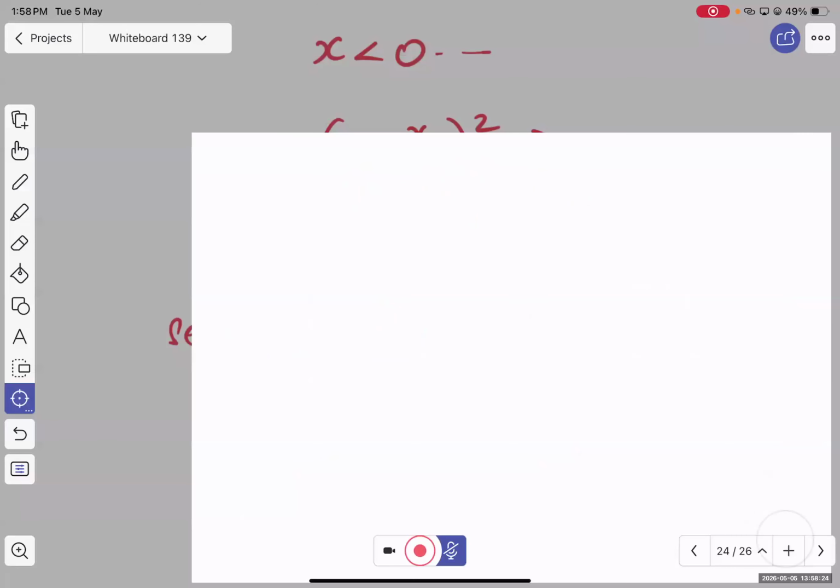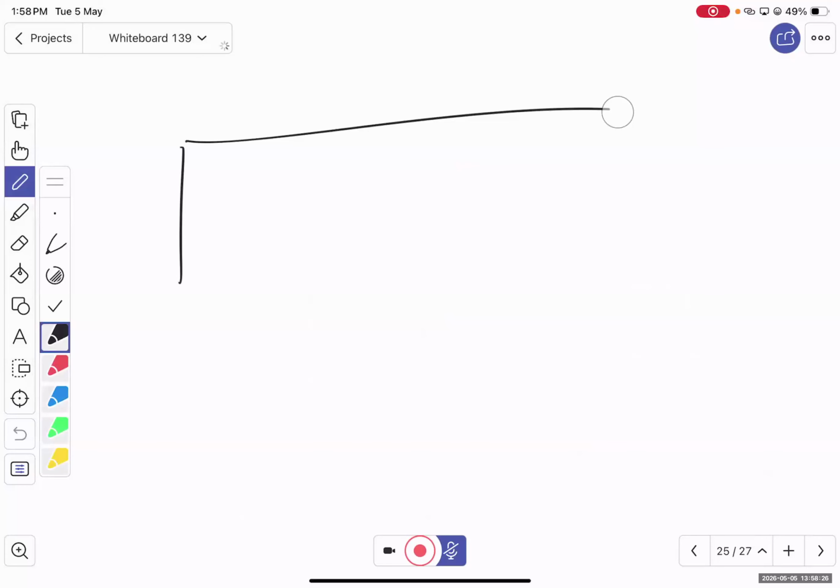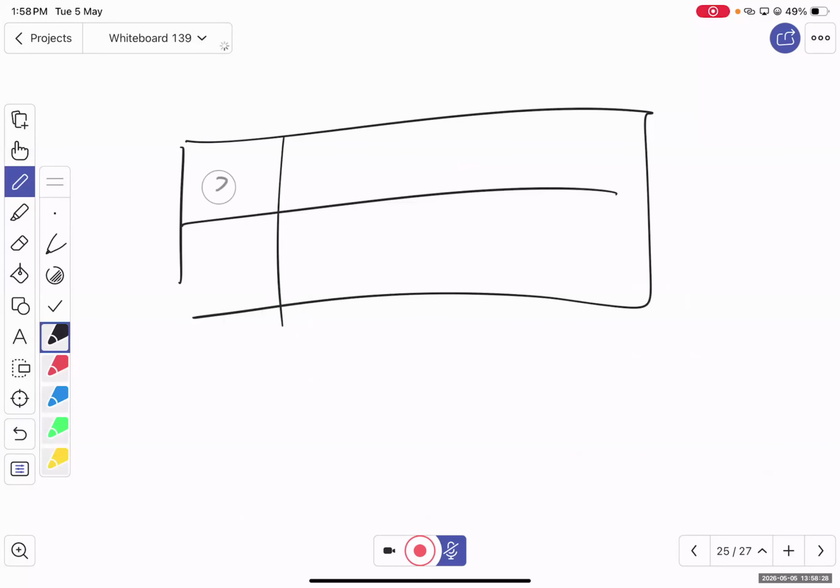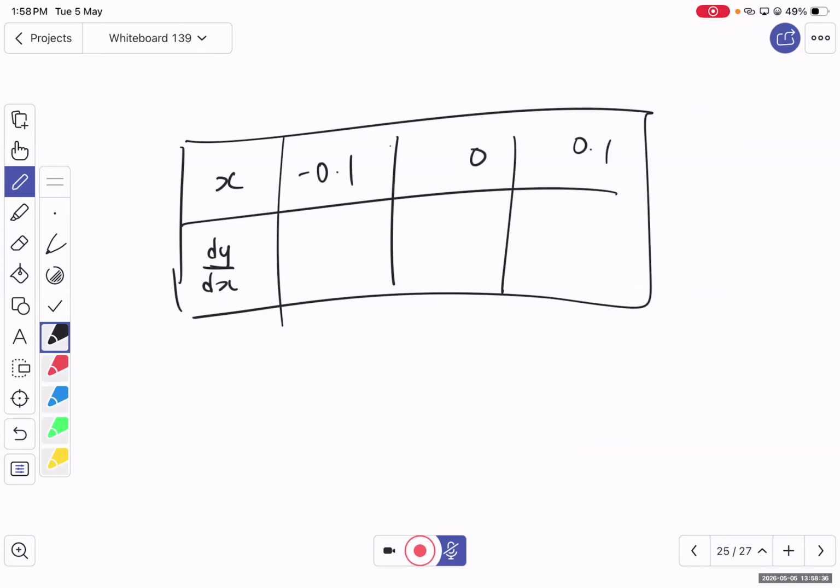You write this one first, so this one at the side. Then negative 0.1, 0, 0.1. This one is always positive, so I can just leave it. But you need to write down that since it is secant square, it is always more than 0.